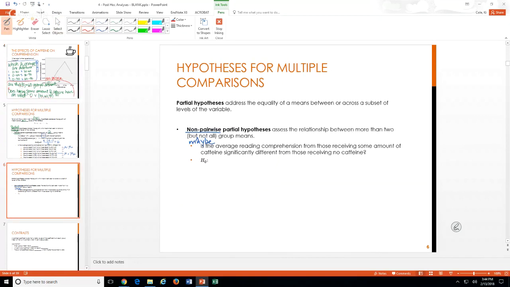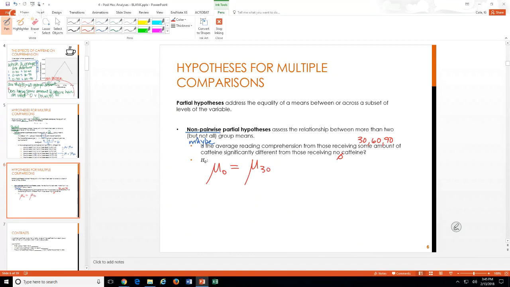So here's one. It's that second one that we had written. Is the average reading comprehension from those receiving some amount of caffeine, so this is the 30, 60, or 90 groups, different from those receiving no caffeine? What would the null hypothesis be for that one? Mu of 0 would be equal to all of them.